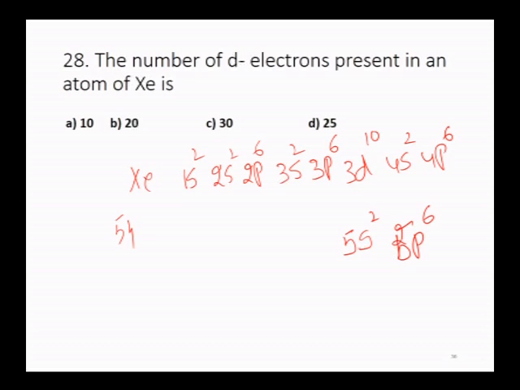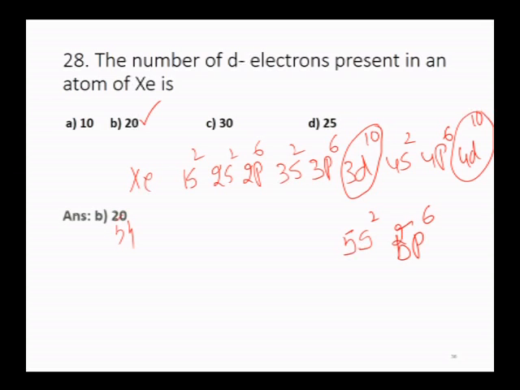D electrons present in an atom of xenon: 3d10 and 4d10. So, answer is B, that is 20. 20 d electrons are present in xenon.